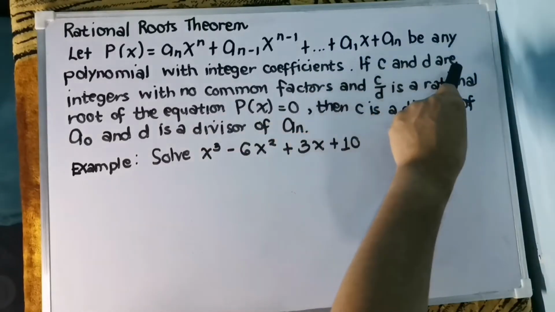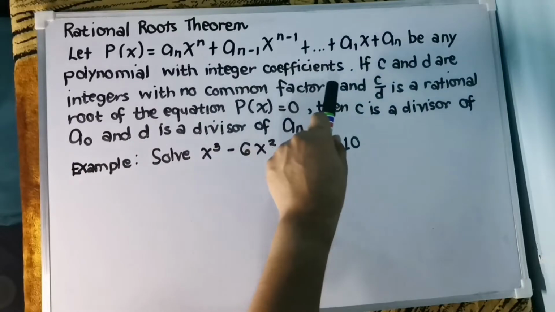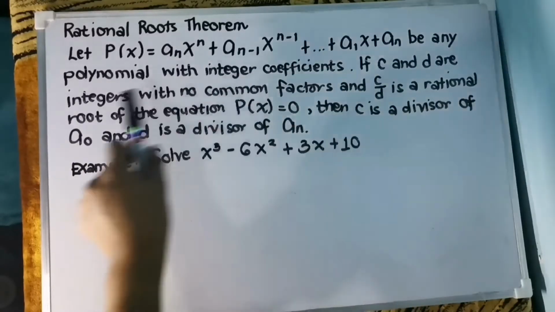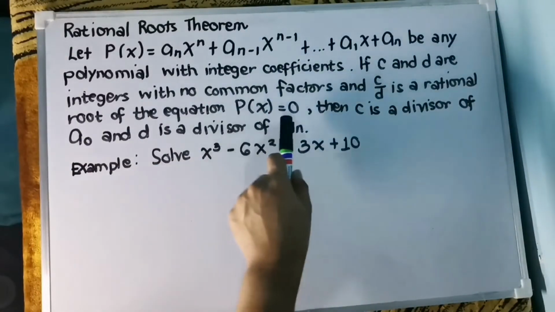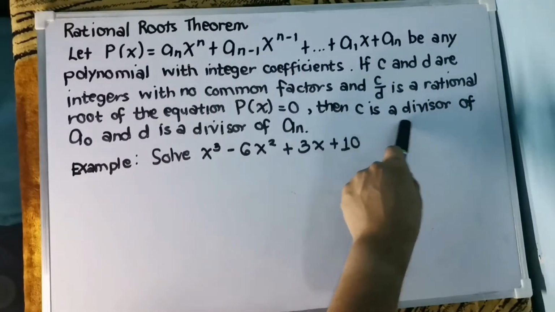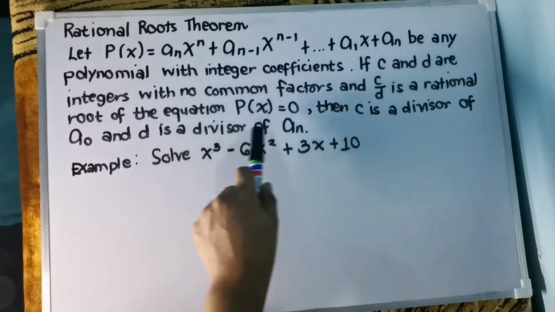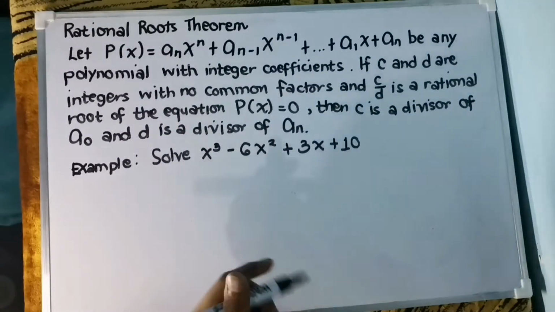If c and d are integers with no common factors and c over d is a rational root of the equation p of x equals 0, then c is a divisor of a sub 0 and d is a divisor of a sub n.